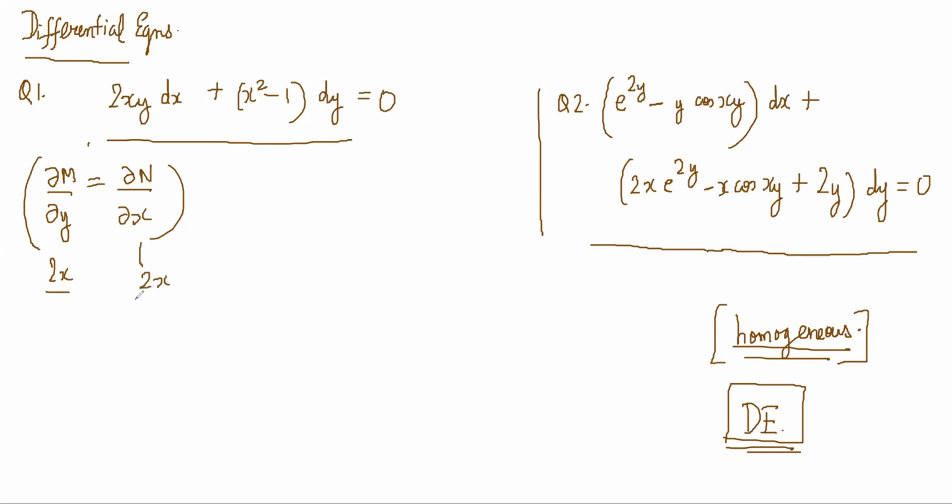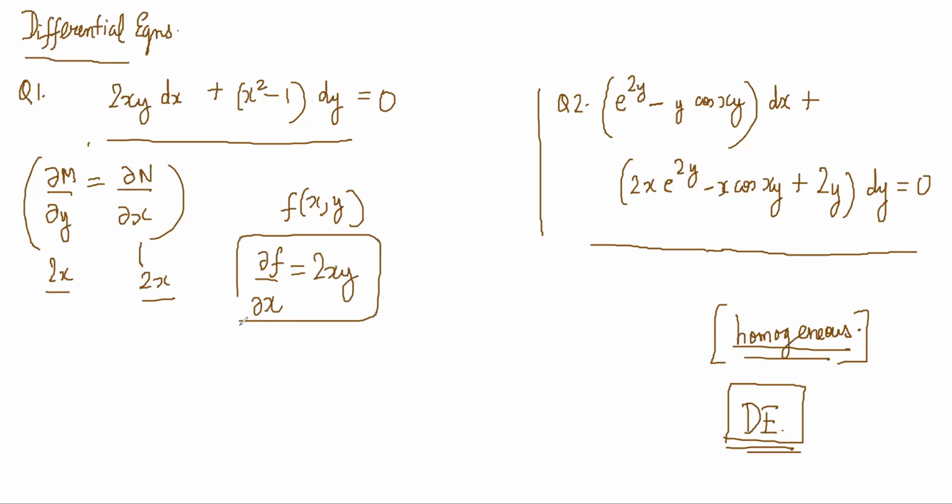So therefore, we know that this will be an exact equation. Now our point is to guess that function f of x comma y. So we have dou f by dou x equal to 2xy, and dou f by dou y equal to x square minus 1.